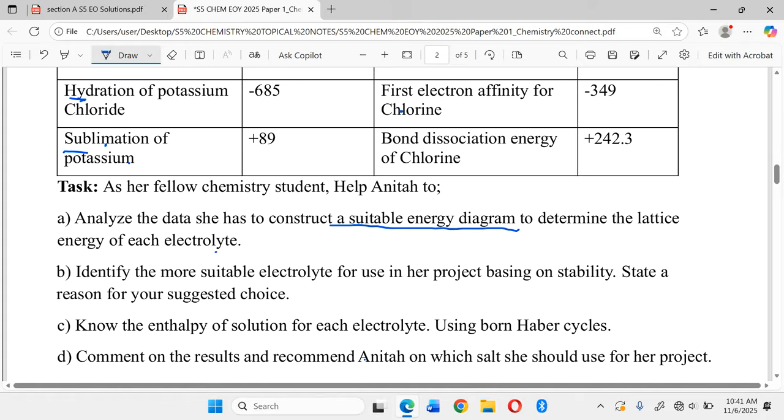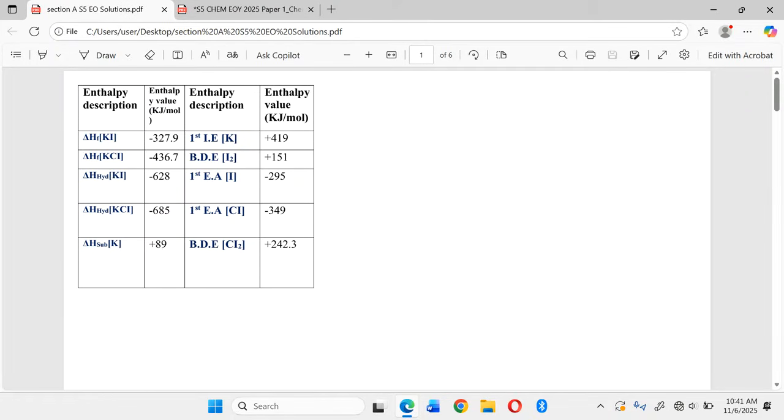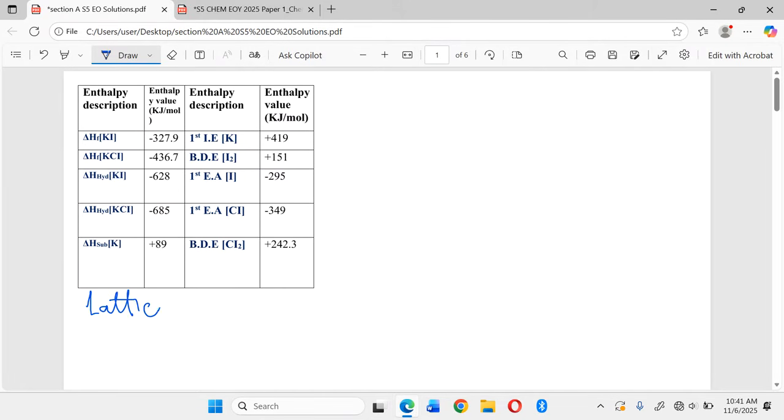For part A, they are saying help Anita to analyze the data she has to construct a suitable energy diagram. So, how many diagrams do we know? Or which other methods can we use to solve such? We are looking for lattice energy. If you are looking for lattice energy, which diagrams can we use?